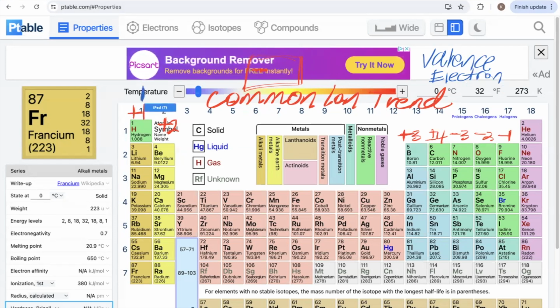So this whole category would have 1 valence electron, 2, skip a few, 3, 4, 5, 6, 7, and then 8. So for that one, the valence electron is basically counting across the rows.